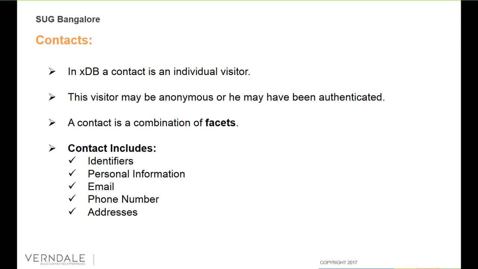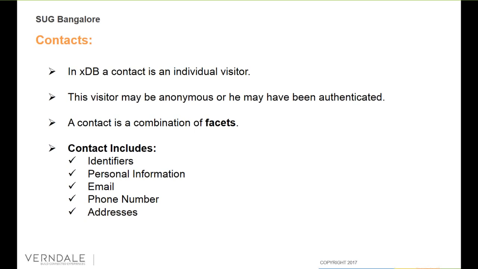It doesn't matter that the user always has to be authenticated before the profile slash contact gets created in XDB. An anonymous user also will have a contact created in XDB. That's why it's mentioned there: a visitor may be anonymous or he may have been authenticated. So it's both ways.